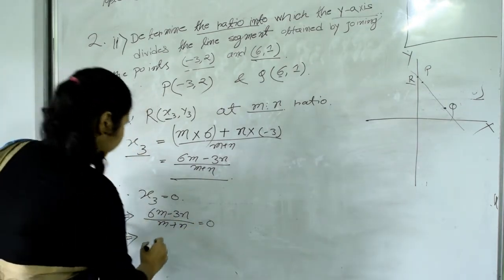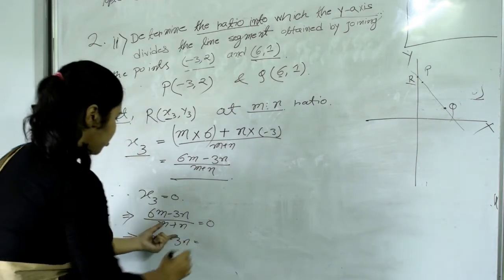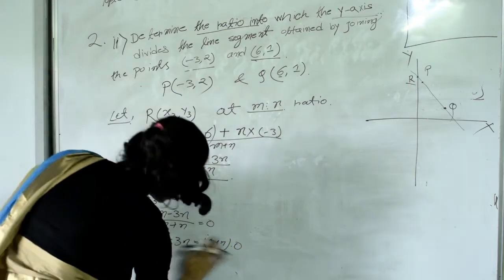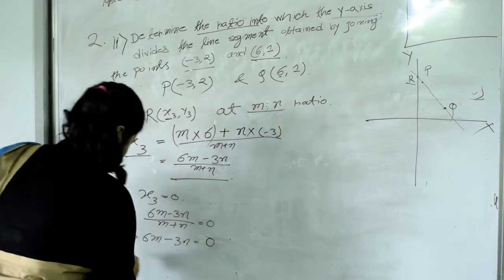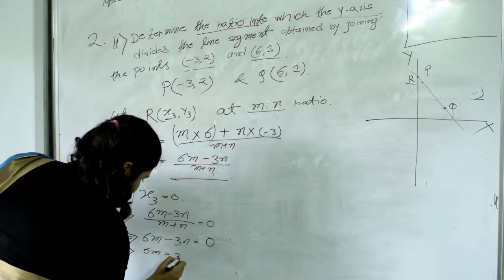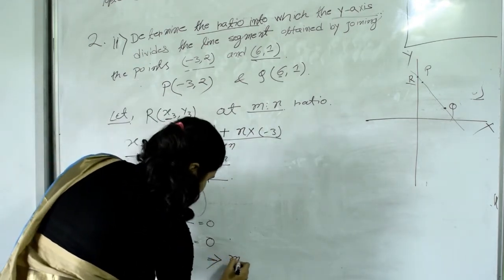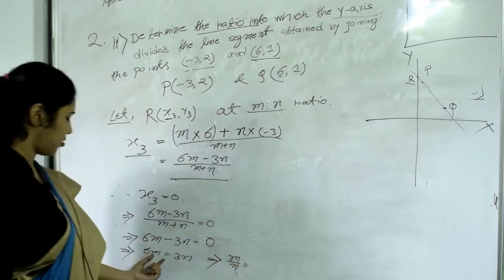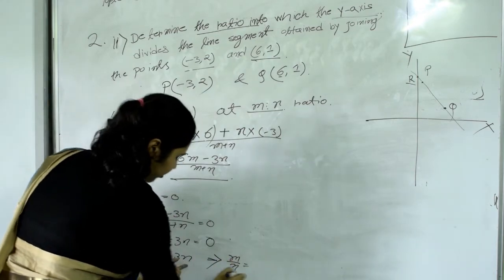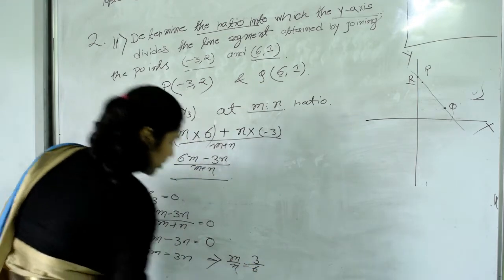Now cross multiply, we get 6m minus 3n is equal to m plus n into 0, which is 0, which means 6m is equal to 3n. m by n is equal to what? 6m equals 3n. Again cross multiply, m by n equals 3 by 6.